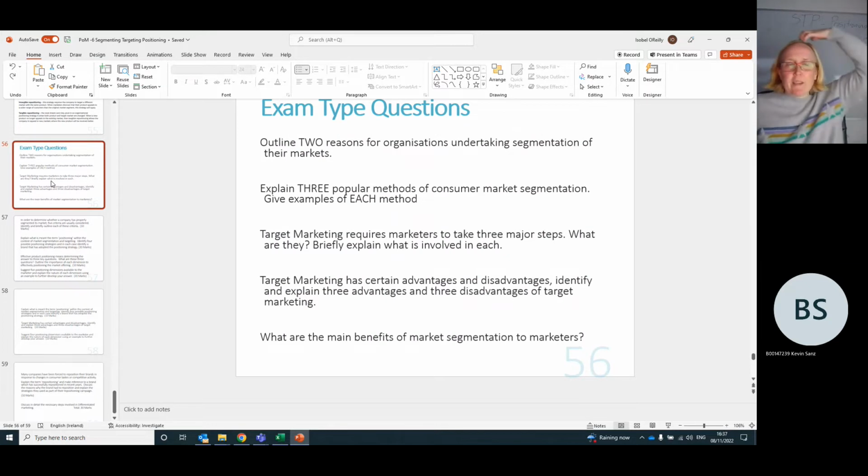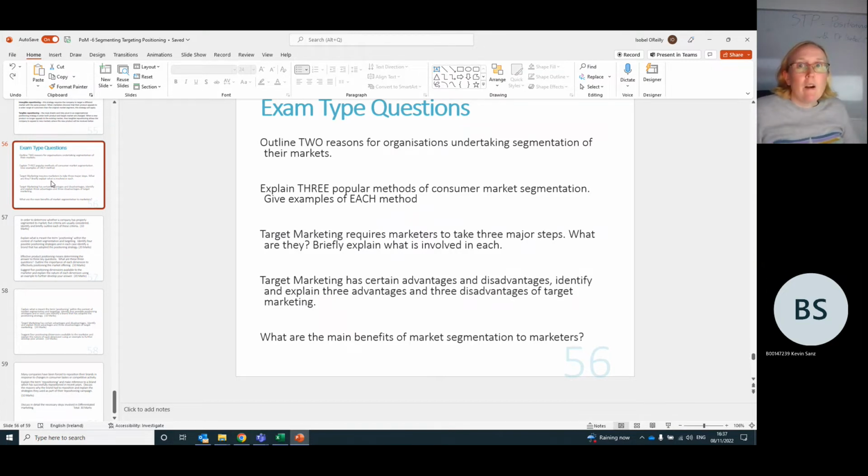So exam type questions that could come up on these topics are: outline 2 reasons for organizations undertaking segmentation of their markets, or explain 3 popular methods of consumer market segmentation. Give examples of each of these.